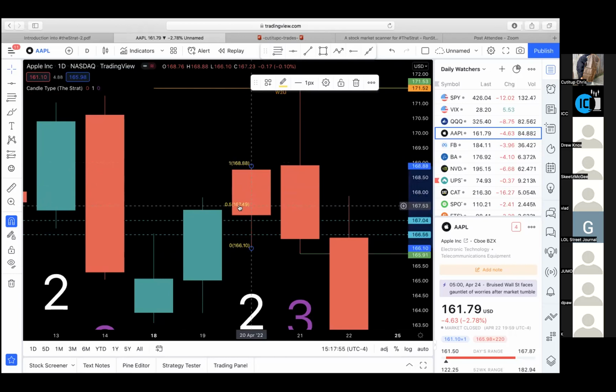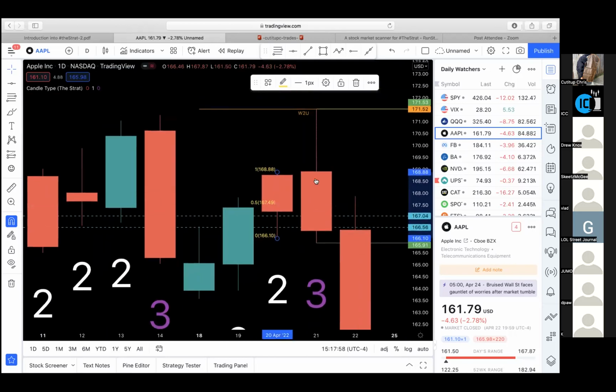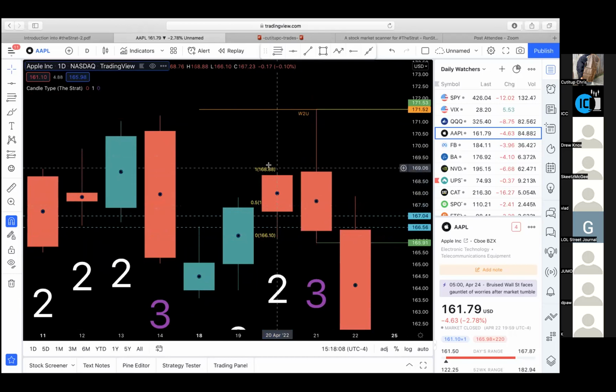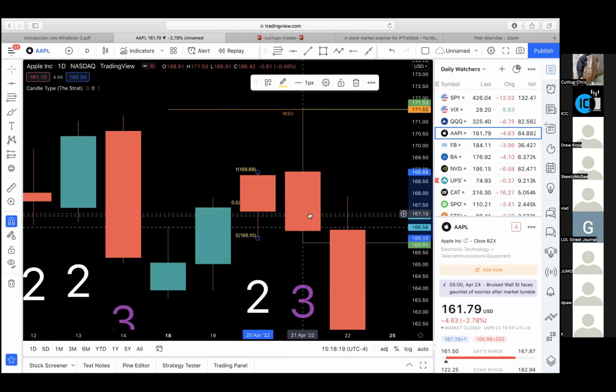That's the 50% line. So this thing went 2 up. It actually hit its target also. And then it retraced all the way 50% of this candle, which is 167.49. And once it did that, you can almost assume that it's going to take out the low of this candle as well, which turned it into a 3.